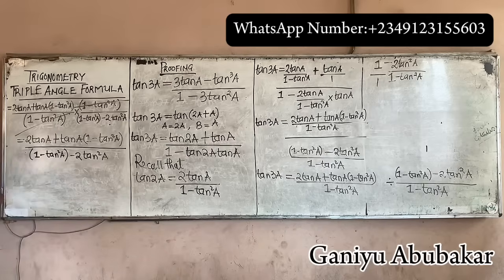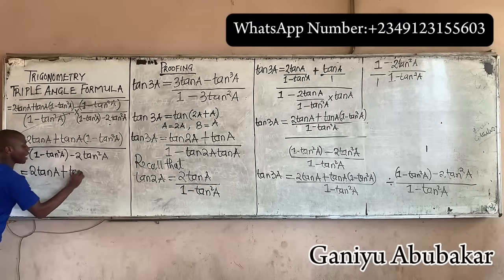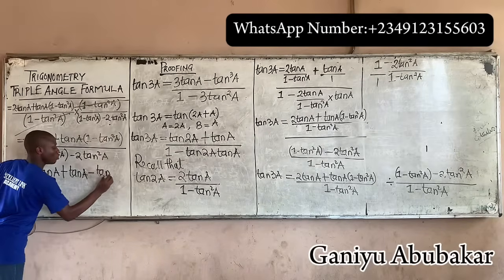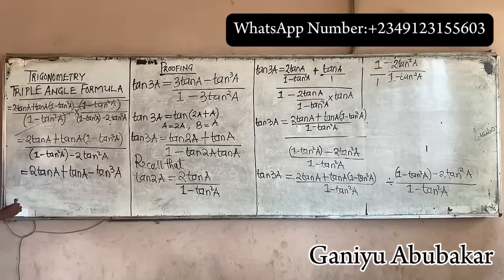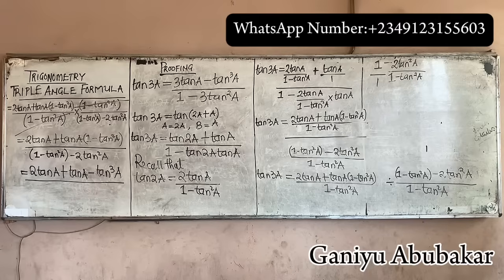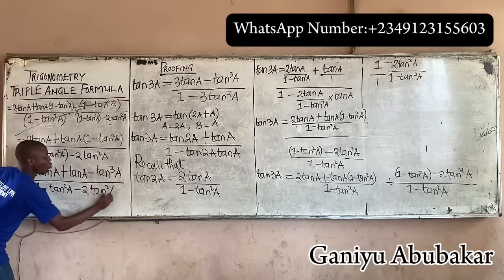So expanding there, I'll have 2 tan A, plus tan A times 1 will still give tan A, plus minus is of course minus tan A times tan squared A, that's tan cube A. I'm done with this. So all over, from here I will just open the bracket, right? So that becomes 1 minus tan squared A minus 2 tan squared A.